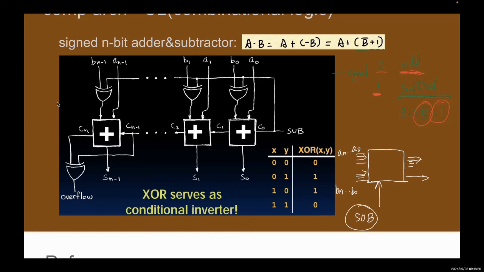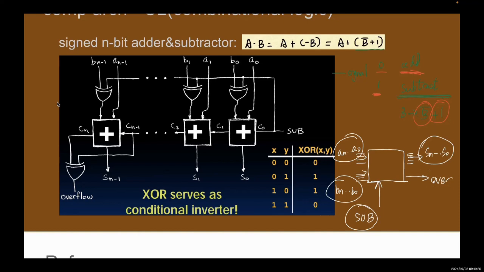When we put the sub signal to 0, the output is the sum of the two inputs, and the overflow tag just says whether the result is right or not. For most cases it's right, and if it's wrong, then we have a tag here.